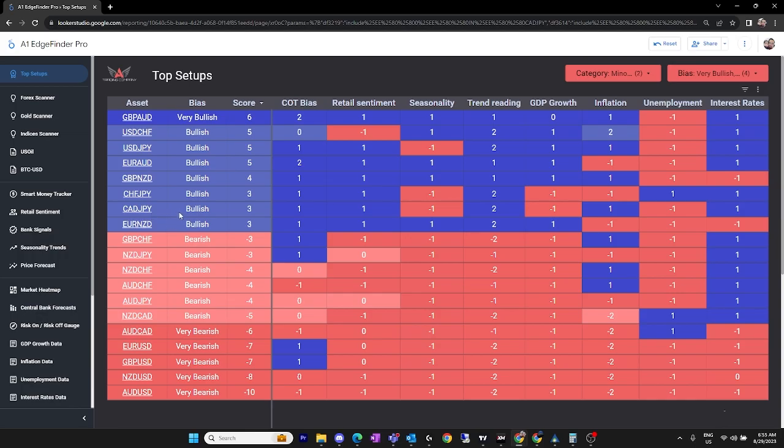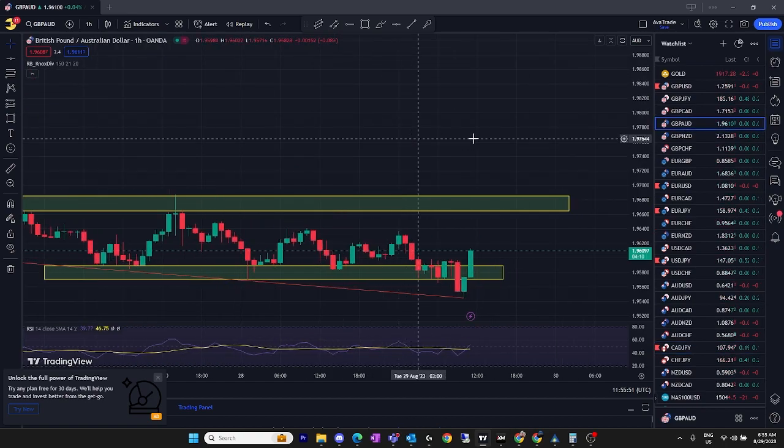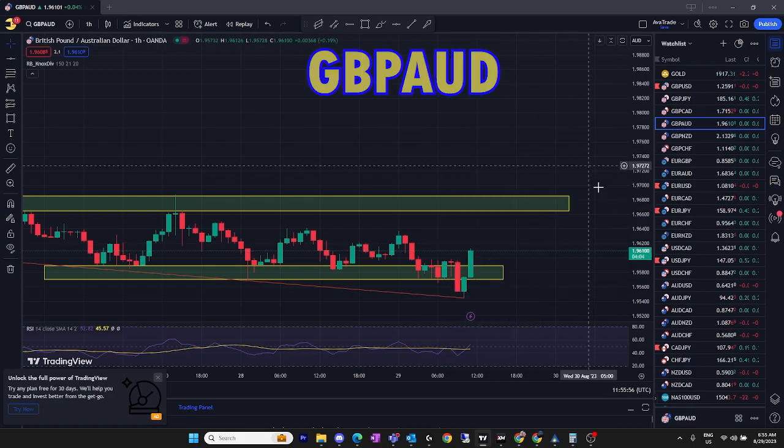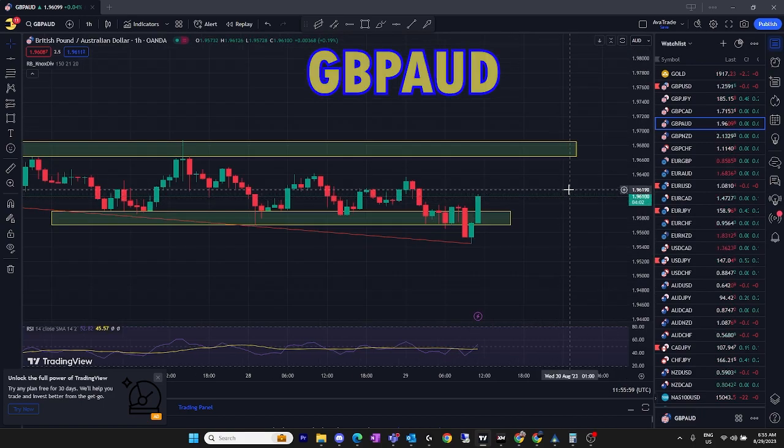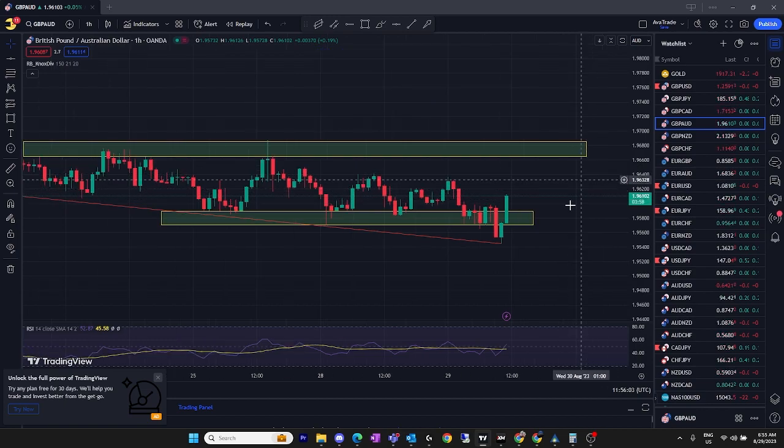3 hours later. Okay, right now, I've checked GBP AUD. Punta tayo dun. So, dito kasi sa GBP AUD, you know that my style of trading is trend continuation trading. I also do breakouts.